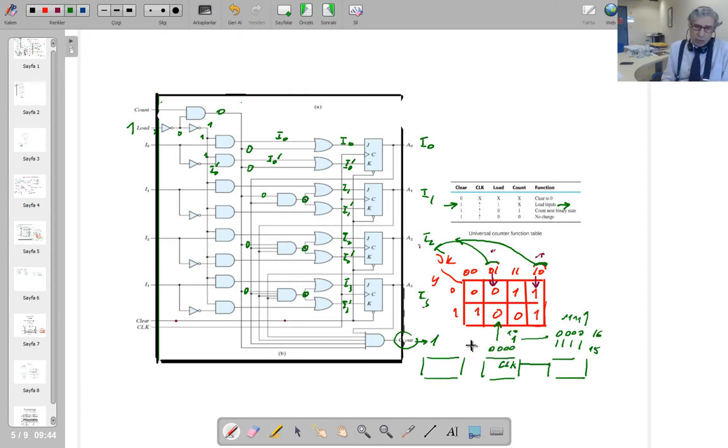So you could extend your counting by adding these 4-bit MSI synchronous counters next to each other. If you do that connection, you could get higher numbers. So for example, if you got 4 of them like that, the highest number that you're going to see is going to be this, isn't it?